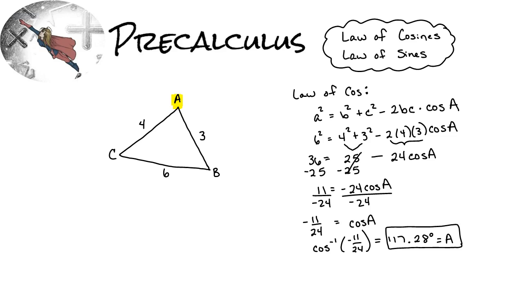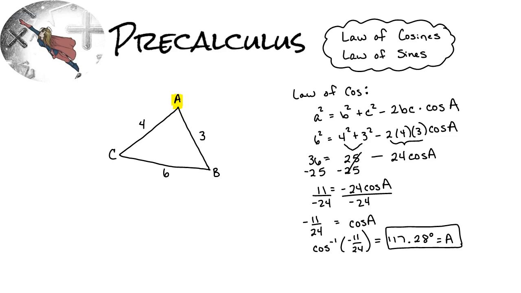And then most students like to switch over to the law of sines at this point. They just usually prefer the law of sines to go forward and find either angle B or angle C. Whichever, it doesn't matter whichever one you find of those two first.